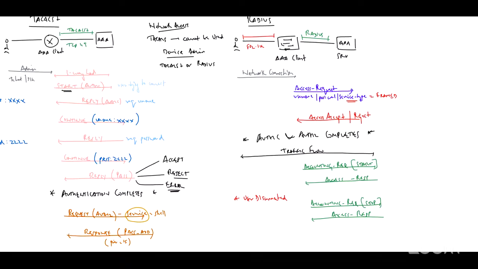A second common authentication that we will see later on is MAB, which is an example of a non-802.1x. So if this user is not doing 802.1x, then that needs to be told to the AAA server. In that case, the AAA client could add the service type as call check.